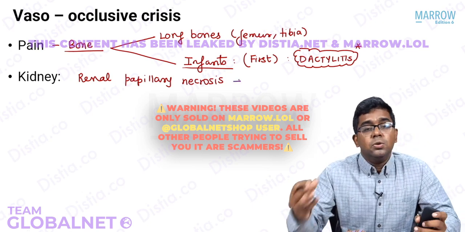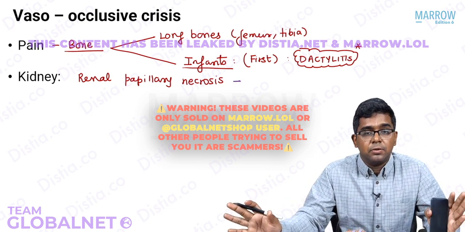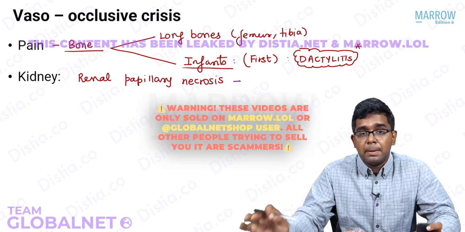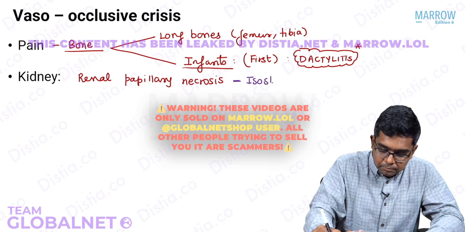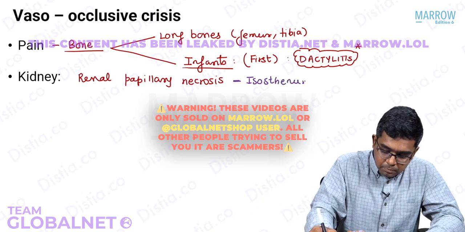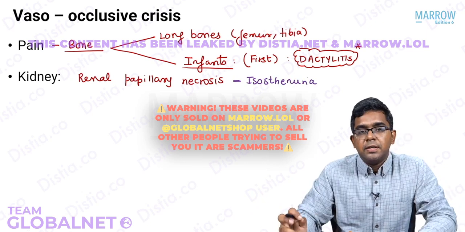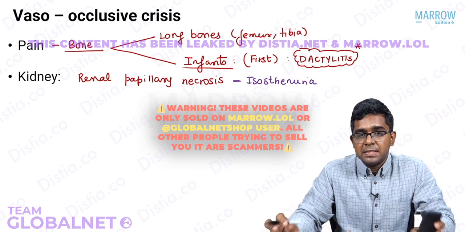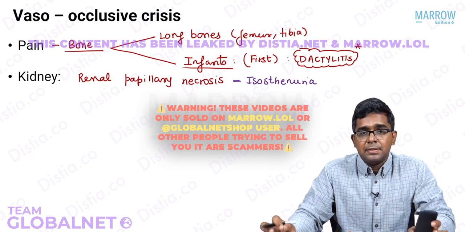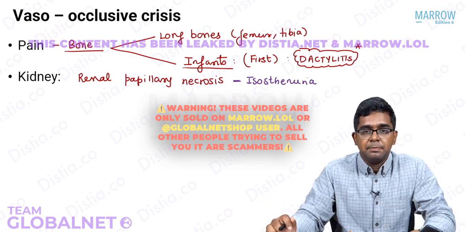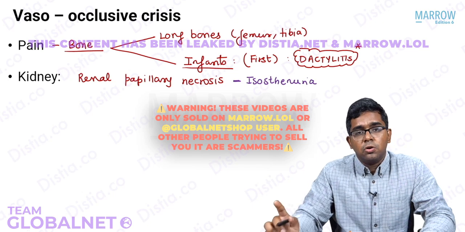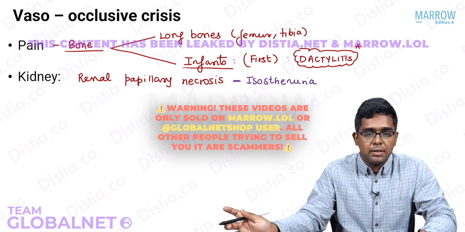The kidney loses the ability to concentrate urine because of papillary necrosis, and this results in isostenuria. Isostenuria refers to fixed specific gravity, in the sense that the osmolarity of the urine is the same as that of the plasma, and this is attributed to loss of urine concentrating ability of the kidney.